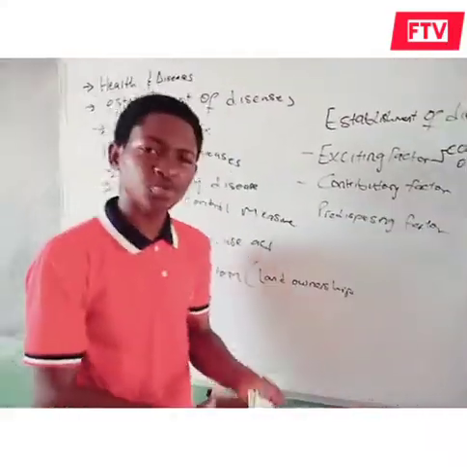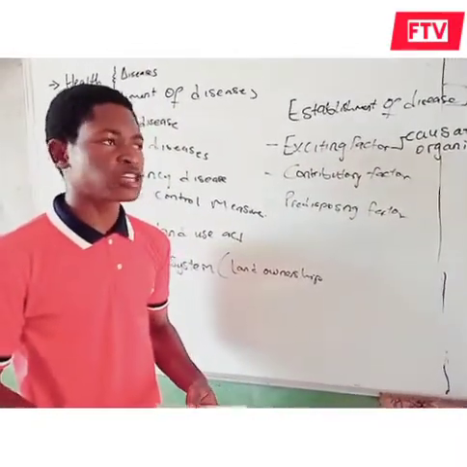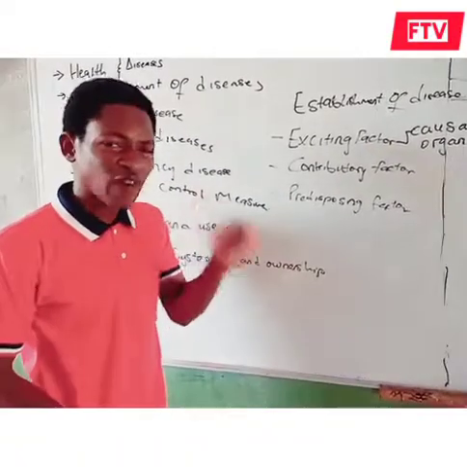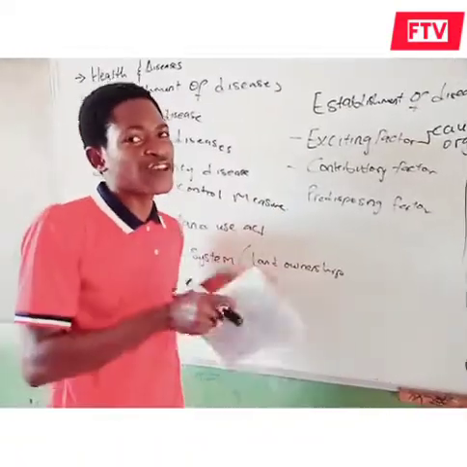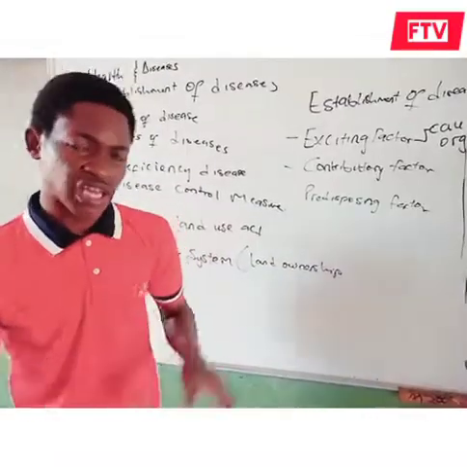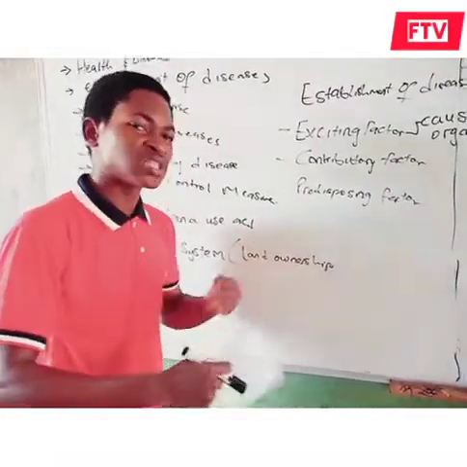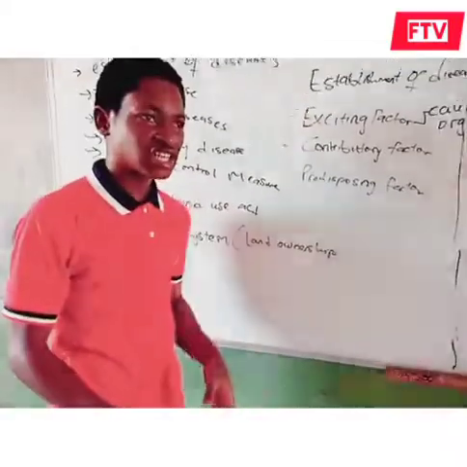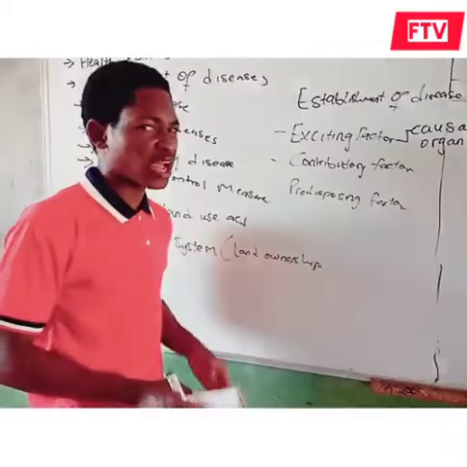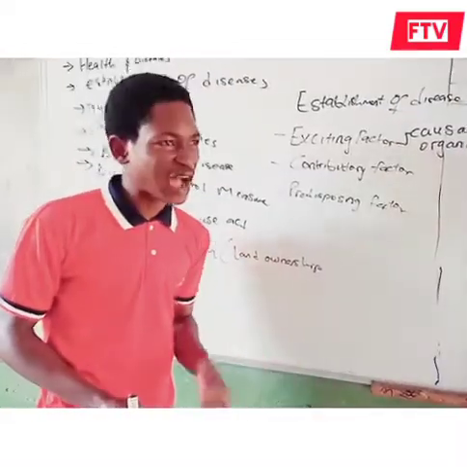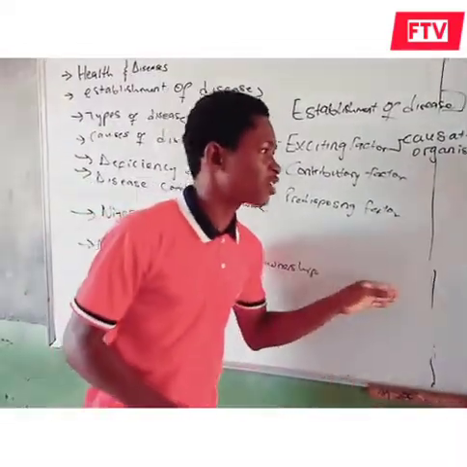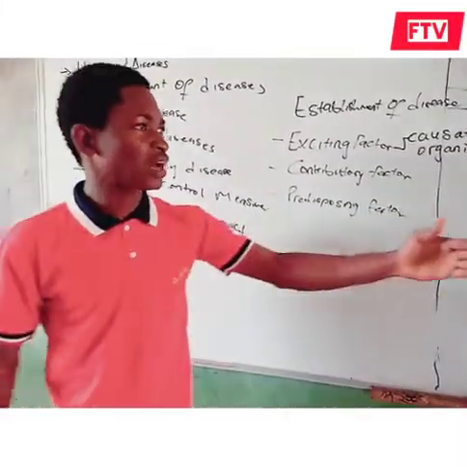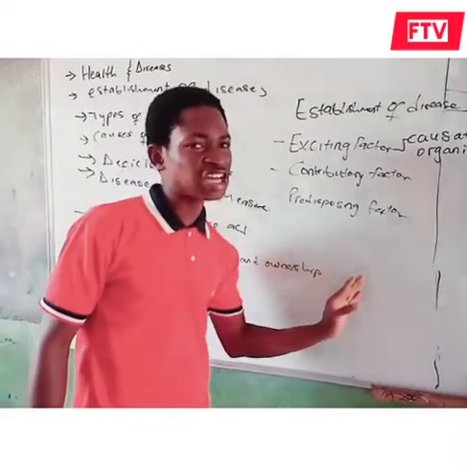Now, contributing factor refers to the organisms or vectors that help to transfer this disease from an infected host to an uninfected host. Infected host, animals with an underlying sickness or disease. Uninfected host, animal that is healthy. For instance, malaria. You have mosquito that helps to transfer the disease from an infected person to an uninfected person. Do you get it like that? Also, we can have these viruses, an infected animal.